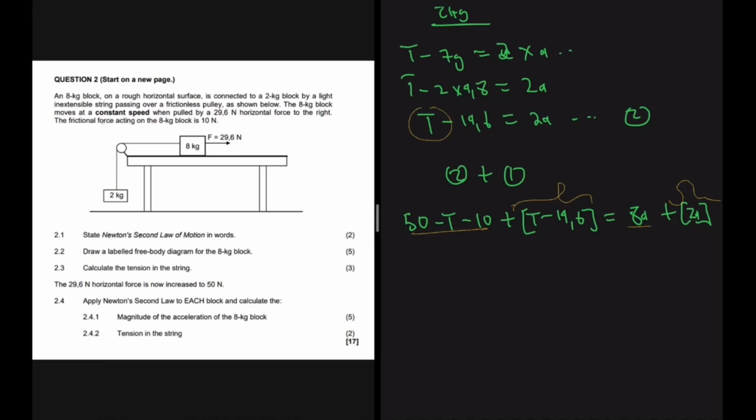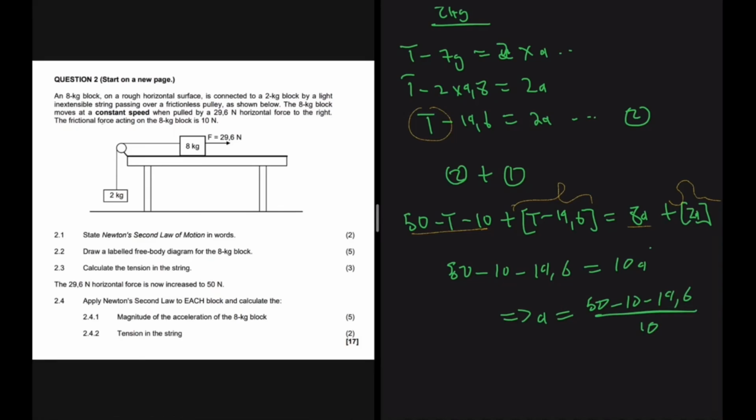So on this side, I'm going to be left with 50 minus 10 minus 19.6 equals 10a. This implies that a equals 50 minus 10 minus 19.6 divided by 10.